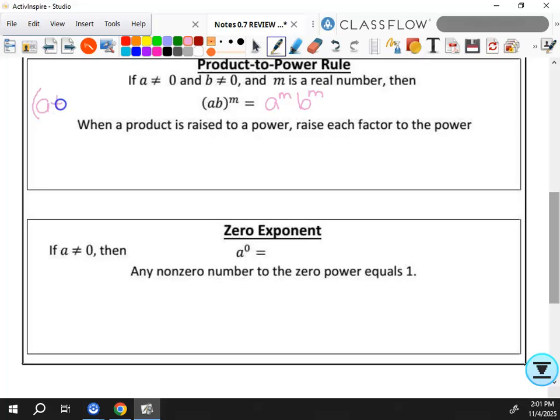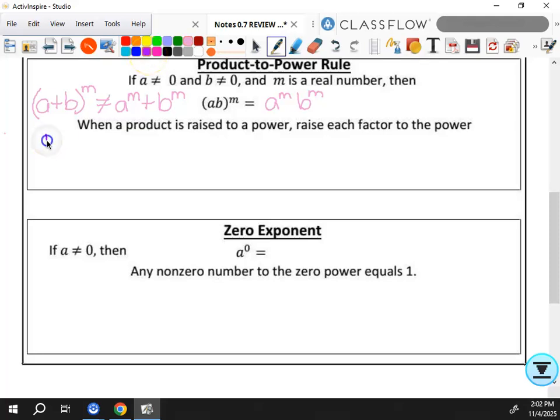If I had a plus b to the m power, that does not equal a to the m plus b to the m. That gets you sent to math jail, no parole, okay? Because that's bad. Bad, bad, real bad. If you have addition or subtraction, you cannot just distribute that exponent. It only works if there's just multiplication. Okay, we good on that? Because that's a huge mistake that happens all the time. Makes me want to scream. Okay, don't do that. That's bad.